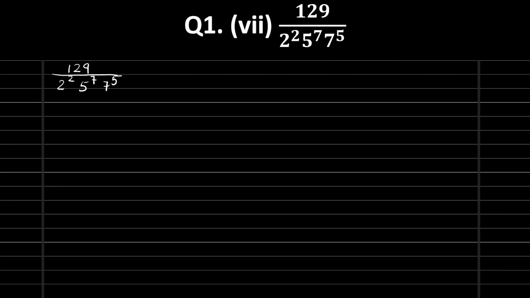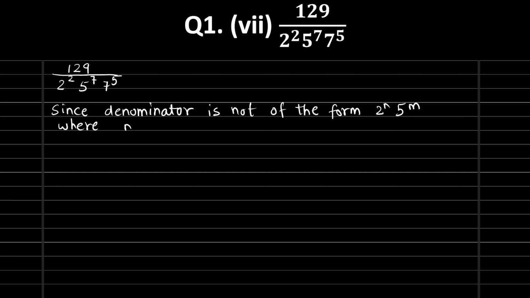So therefore, since the denominator is not of the form 2 raised to n into 5 raised to m, it is having 7 also as a prime factor, right? Where n and m are whole numbers.